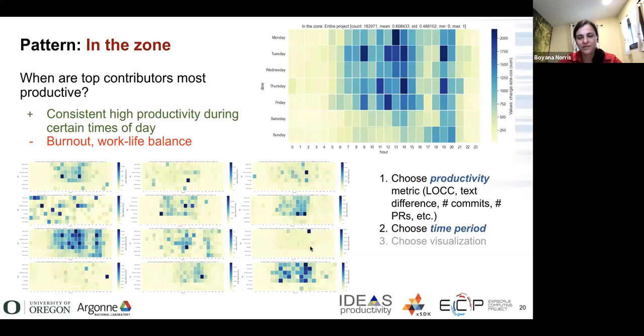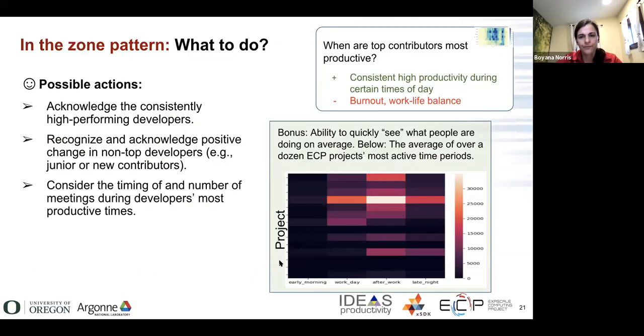And then there are some projects that are fairly stable and not much is going on, and that's fine. I already mentioned, we can acknowledge the consistent performance, and you can acknowledge positive change in people who may not have been doing so well.